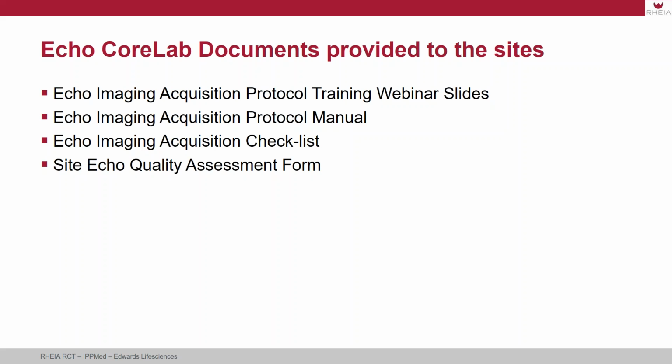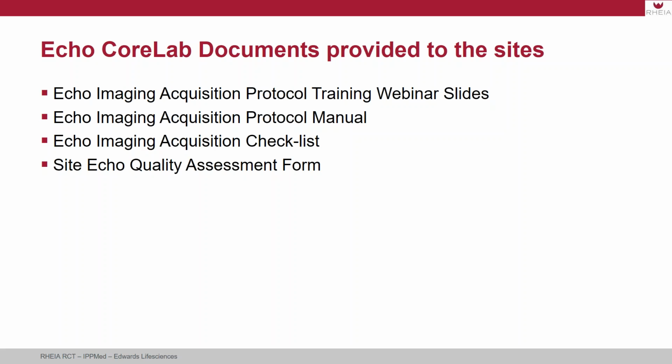So the documents that will be provided will be the training slides that I will show you today. So you can review in more detail and with more time later on, if you want. And then there is also a more detailed image acquisition protocol manual that has already been provided to you. It's a guide following the same structure as the slides, but with more details.